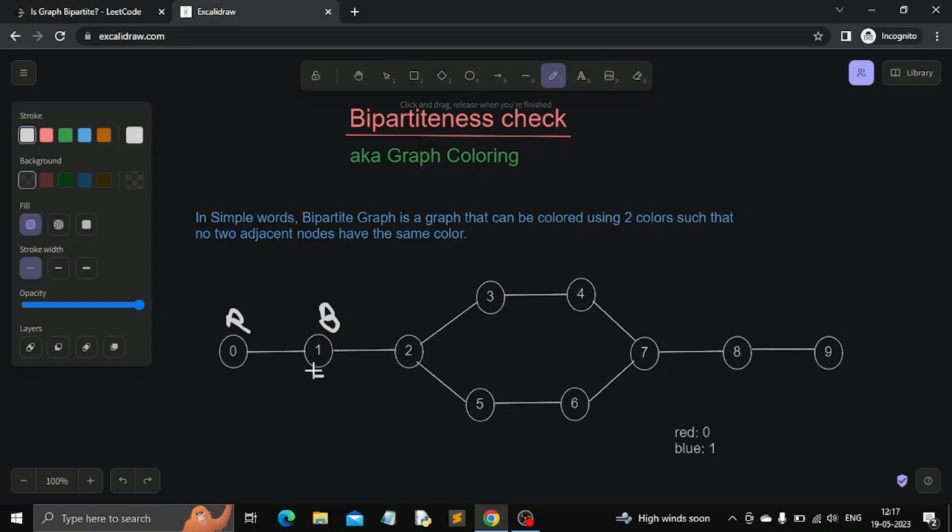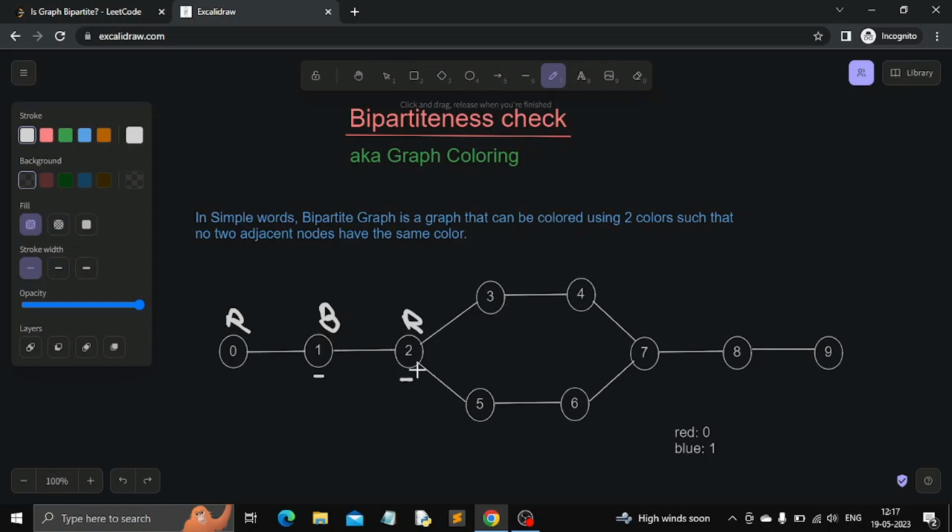Now the adjacent nodes of node 1 are node 0 and node 2. Since node 0 is already colored, we don't have to revisit it. We will move to node 2, which should be colored differently than node 1, so we are going to color it red.